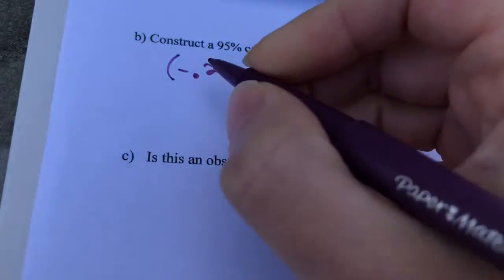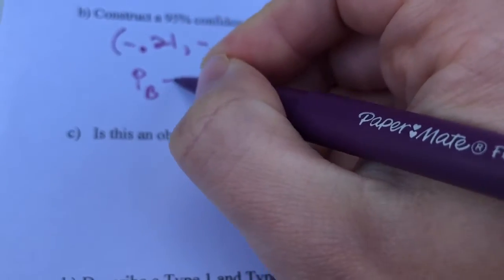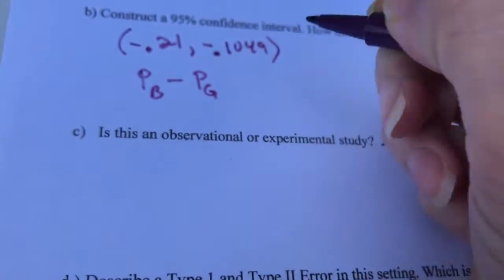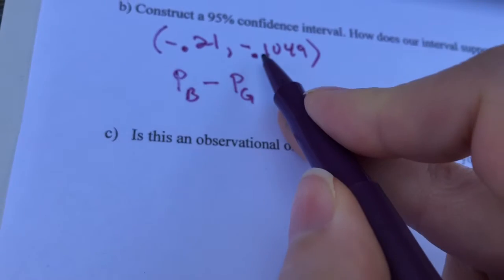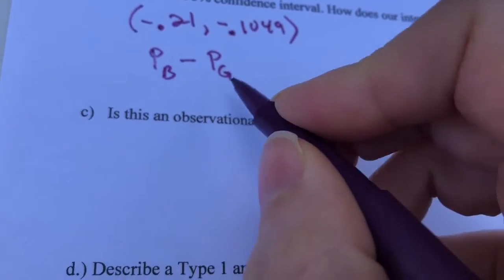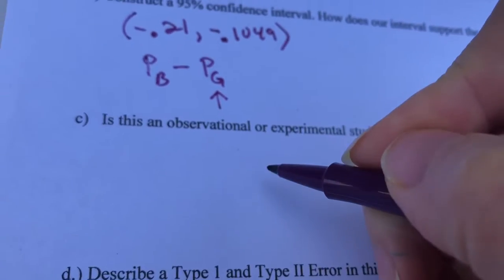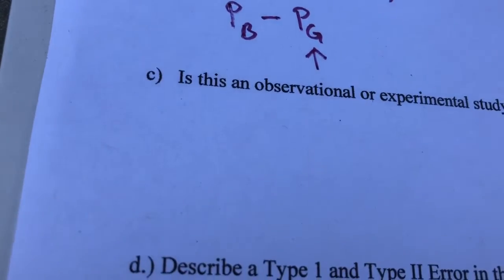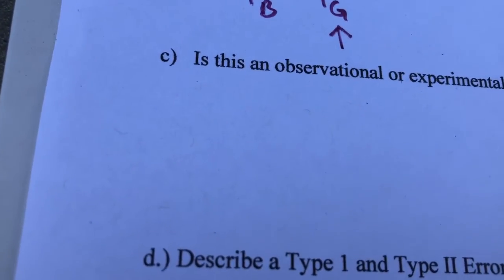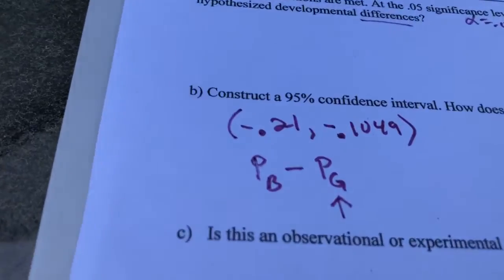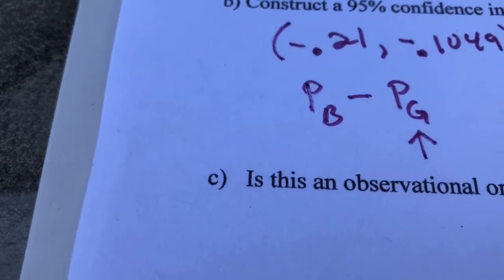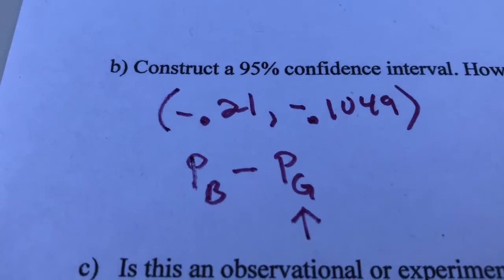All right, so if we are comparing boys to the proportion of girls and we're getting entirely negative, which one of these numbers is the bigger number? It must be this one that's the bigger number. All right, so that would tell me that the girls are the ones that are having the deficit more often than the boys. Interesting.